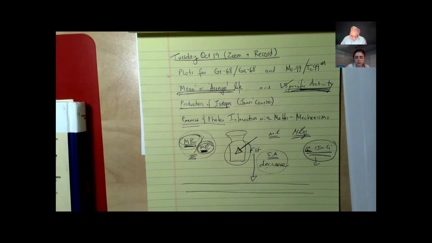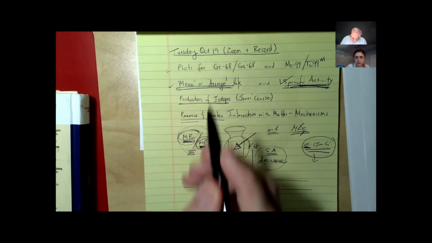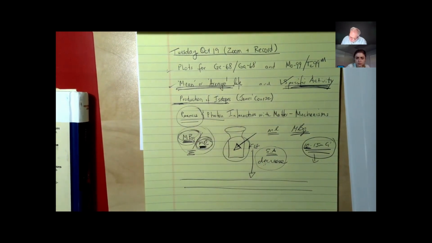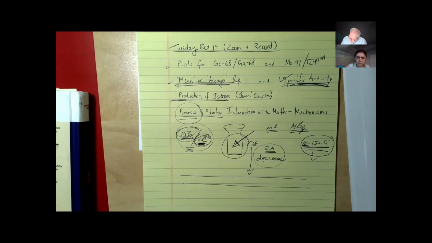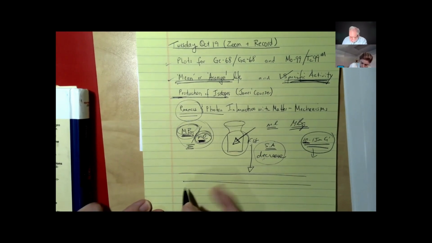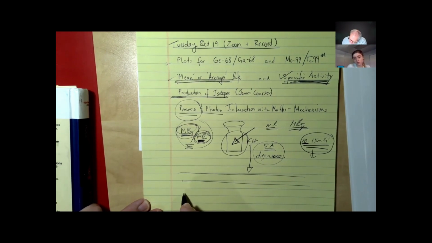Let's move on. So we've got this covered, and again, production, that's going to be James. And so let's look at particle interactions with matter. So when we talk about particles, what are we considering here? What are typical particles in nuke med that we're going to work with? Electrons, protons, neutrons.